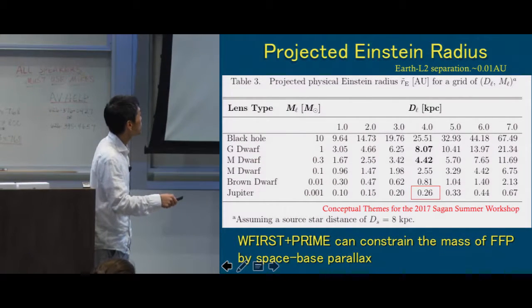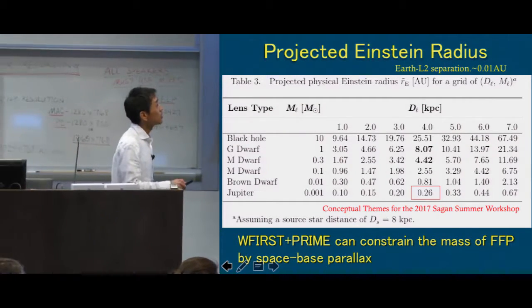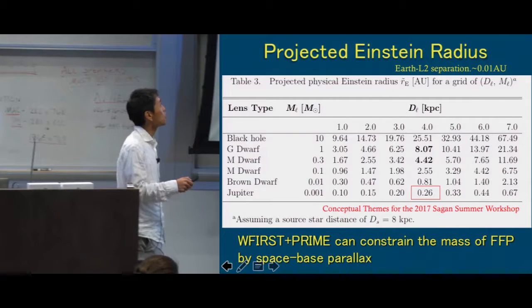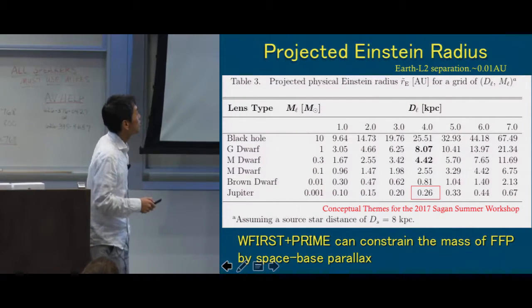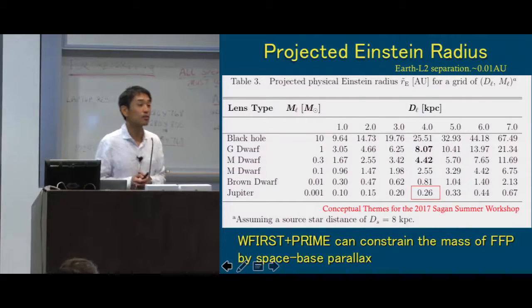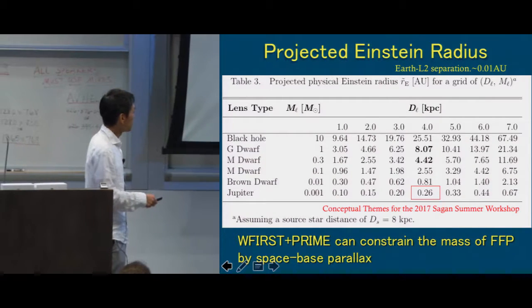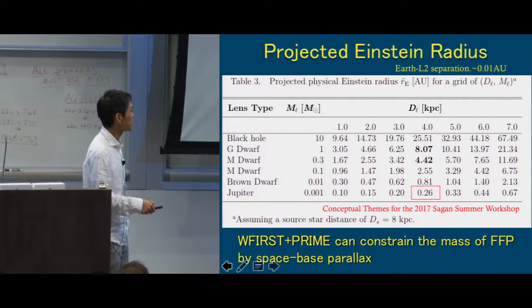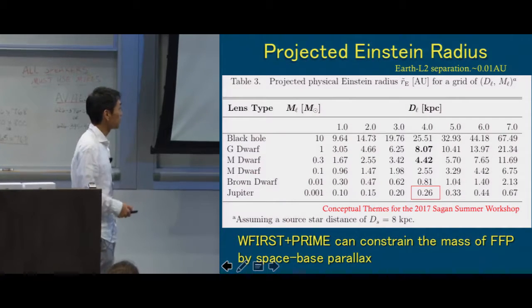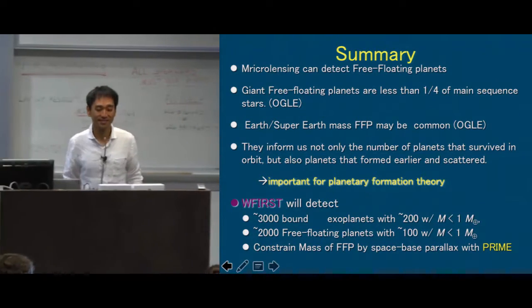And for a Jupiter mass object it is about 0.2 AU. So considering the separation of the Earth and the L2, we are more sensitive to the space-based parallax for small mass objects like this. So WFOS can constrain the mass of the free-floating planet. Okay, I'm going to stop here.